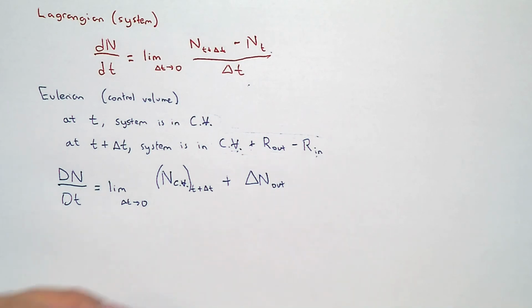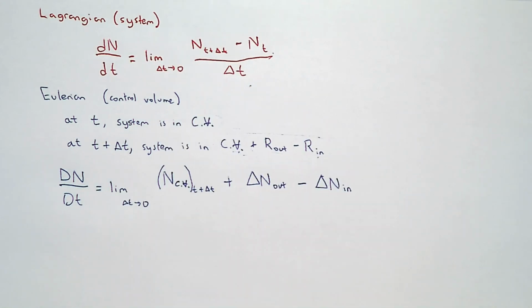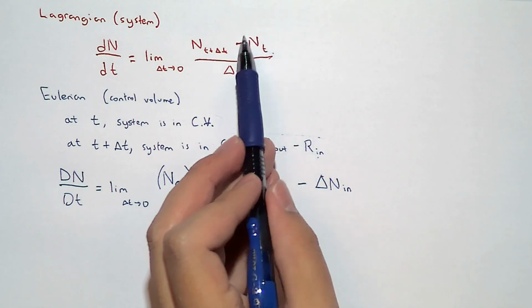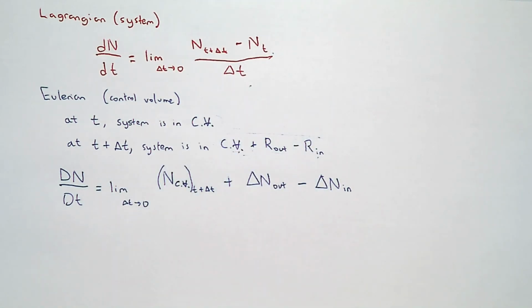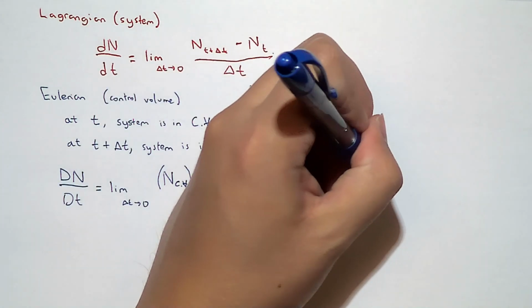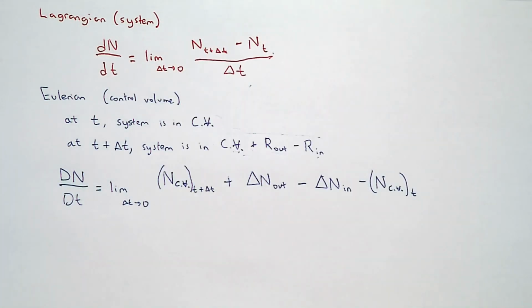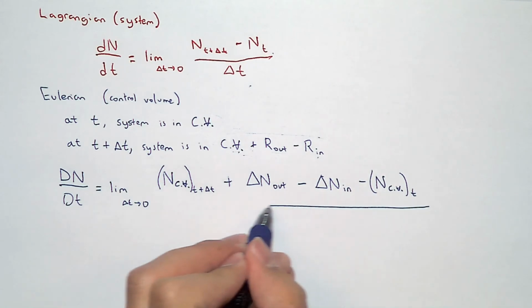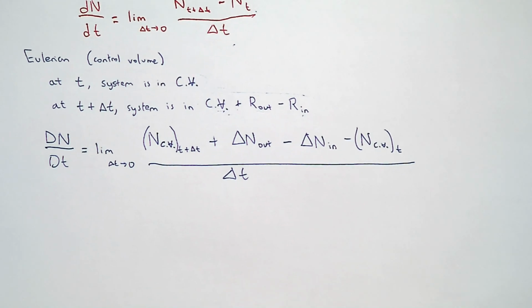That's not part of the system, so minus n in. And then minus the extensive property at time t. And at time t, my extensive property is simply the extensive property at my control volume. Okay? And all of this over delta t.